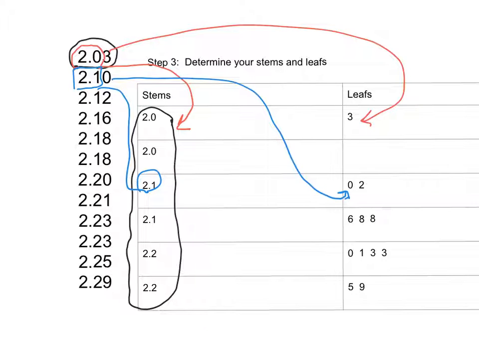And so then my 2.12, my stem is this stem right here, and then 2 is this leaf right here.